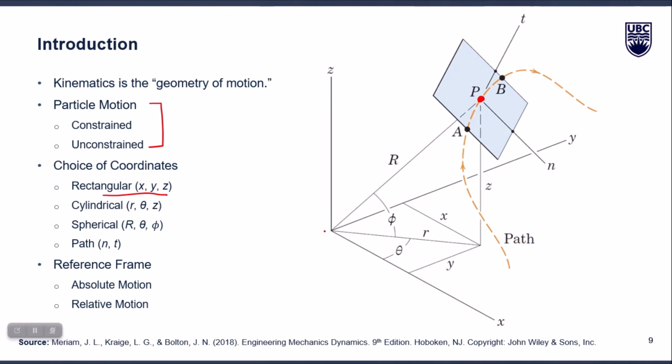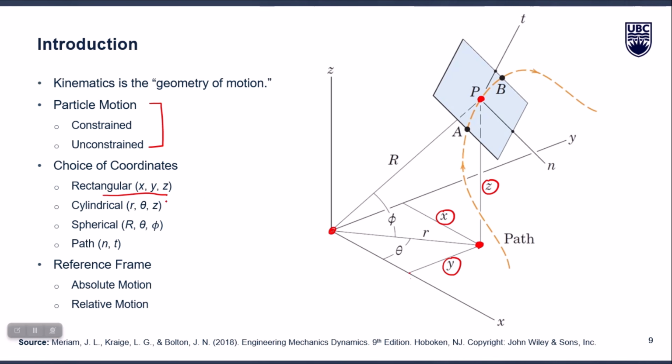So you move from here along the x-axis a distance x, you reach here. Then you move along the y-axis a distance y, you reach here. Now that point is on the floor of that three-dimensional space, and then you move up a distance small z and reach the point P, right?